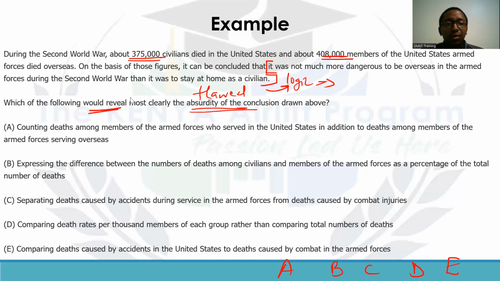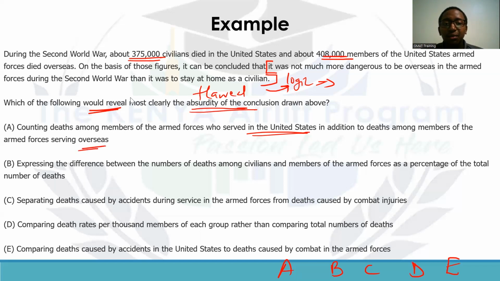So here now we are bringing into the picture the comparison between the members of the army in the US, so those who weren't overseas, and members of the armed forces who are serving overseas.